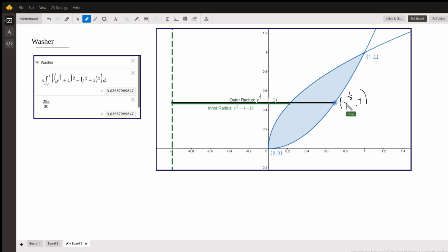So the length of that black segment is y to the 1/2 minus -1, or y to the 1/2 plus 1. There's the outer radius. There's the outer radius squared. Inner radius follows a similar pattern. The length of that green segment is y squared plus 1. Inner radius squared. If you square this binomial, combine similar terms, find an antiderivative, evaluate from 0 to 1, multiply by pi, you'll get the same answer.